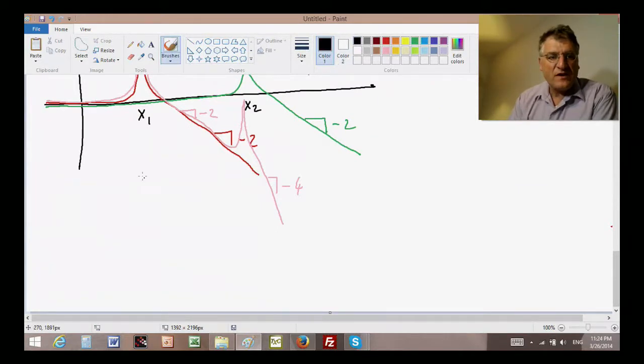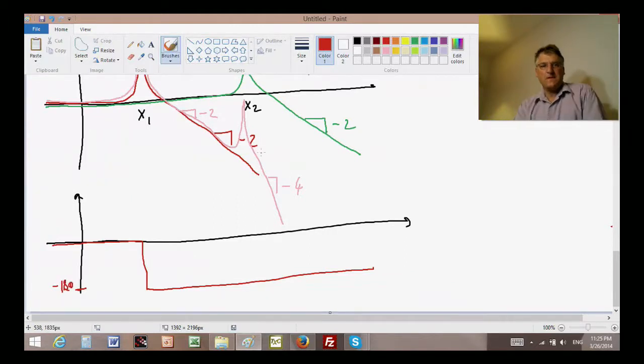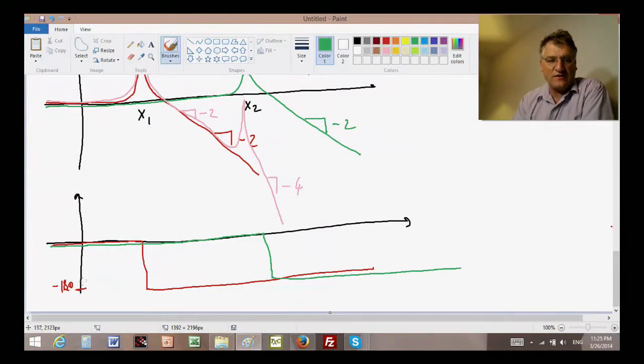Phase-wise, here's what we should expect. First, the phase of the first transfer function will start at 0 and then abruptly drop to minus 180 degrees. The second one will do the same but drop abruptly later down to minus 180 degrees.